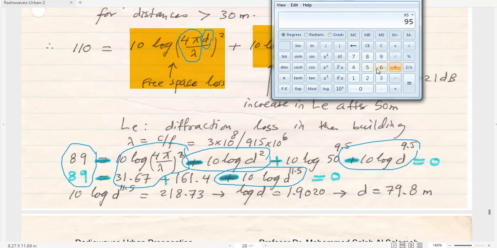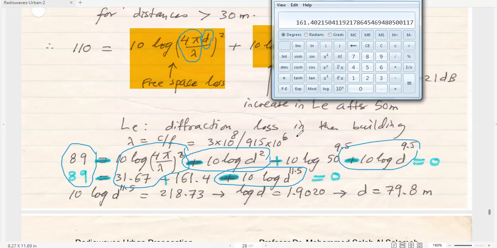This is 161.4, and here 161.4. Now we take this to the other side. It will be 10 log d to the power 11.5 equal to this value here, 89 minus 31.67 plus 161.4.